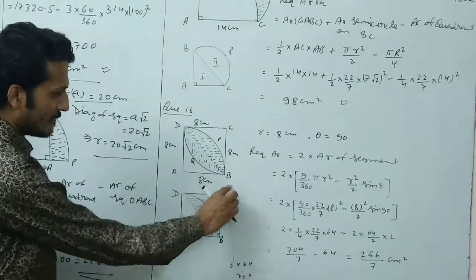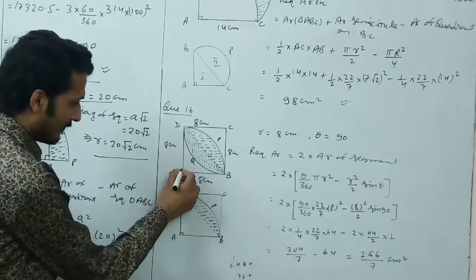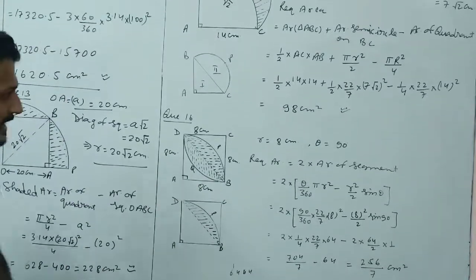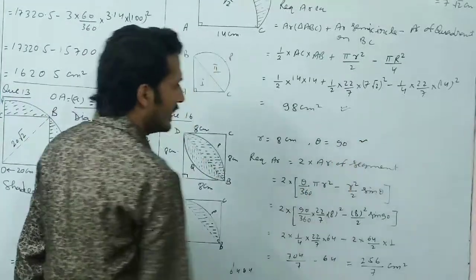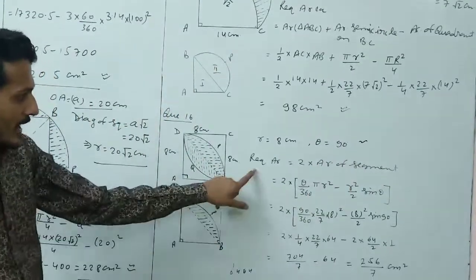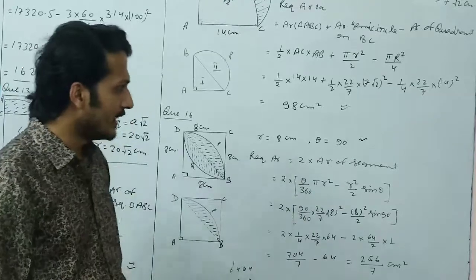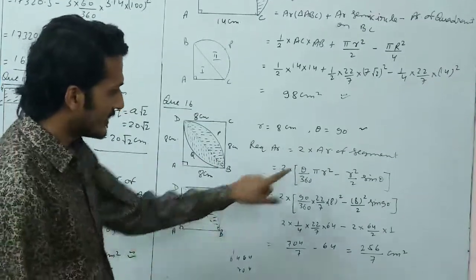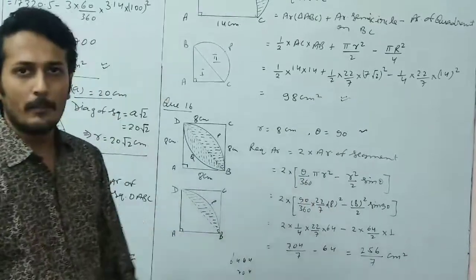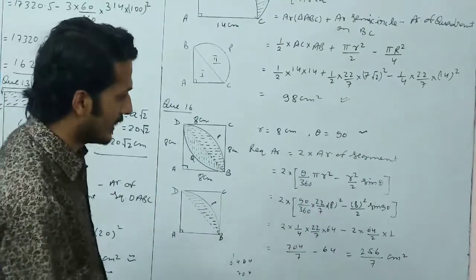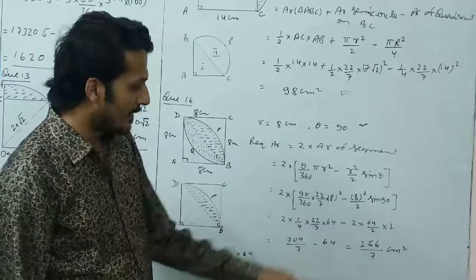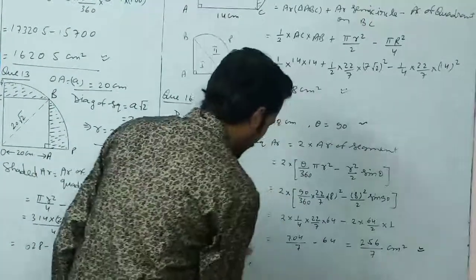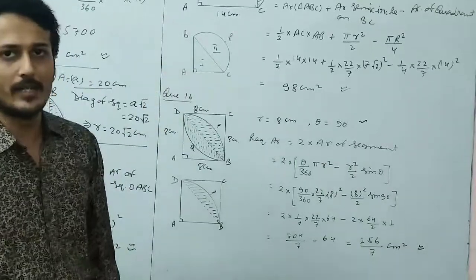Now this side AB will be the radius, and we can see that this is a square, so theta will be 90 degrees, so we have theta and r. Now required area is equals to 2 into area of segment. If theta is 90 degrees, then we can apply this formula for the segment, that is theta upon 360 pi r square minus r square upon 2 sin theta. Now put the value of theta and r. By simplifying, we get 256 upon 7 centimeter square.